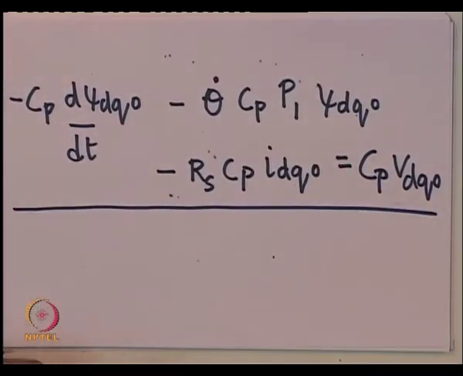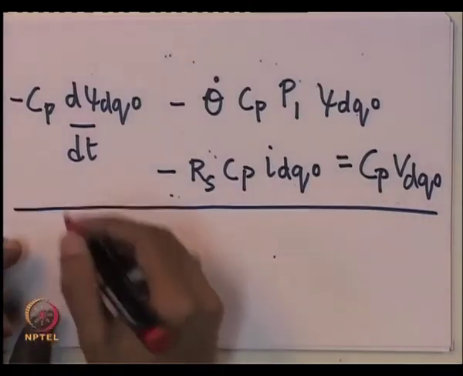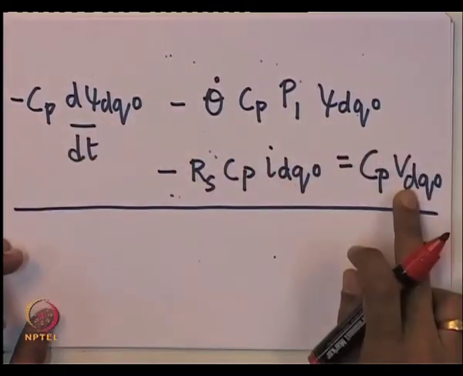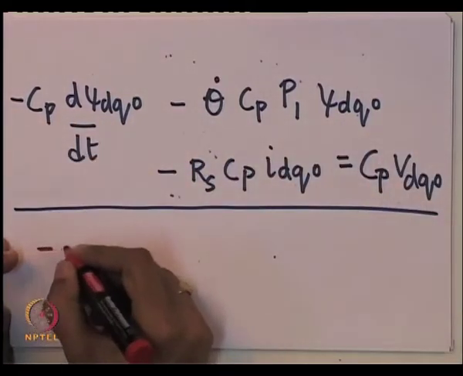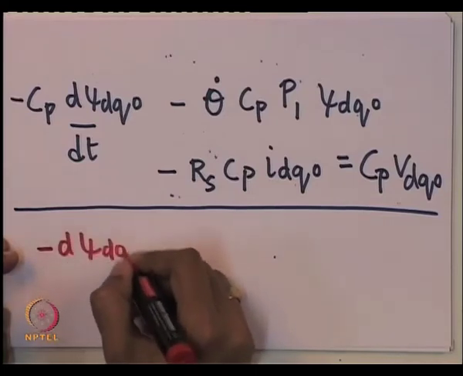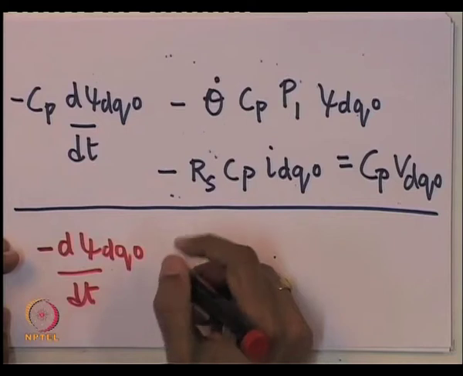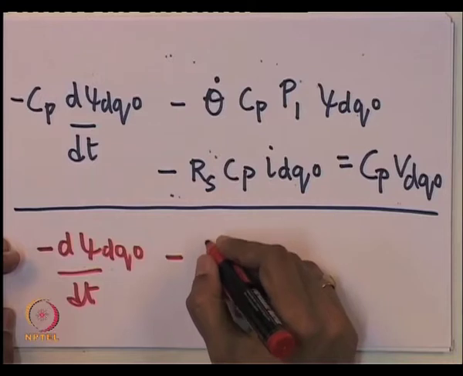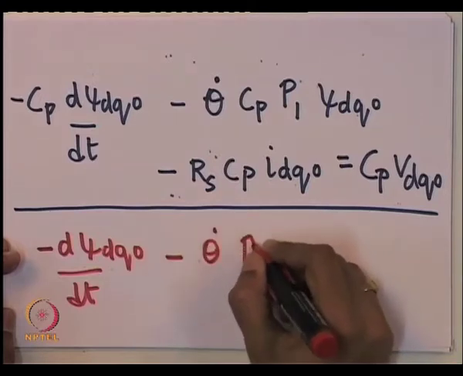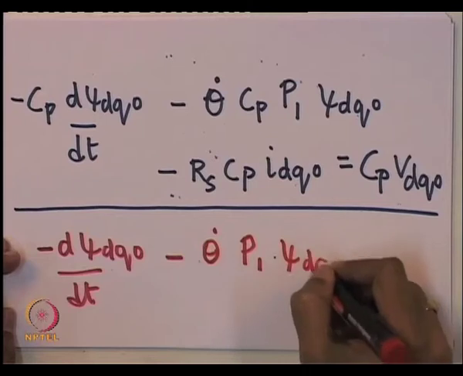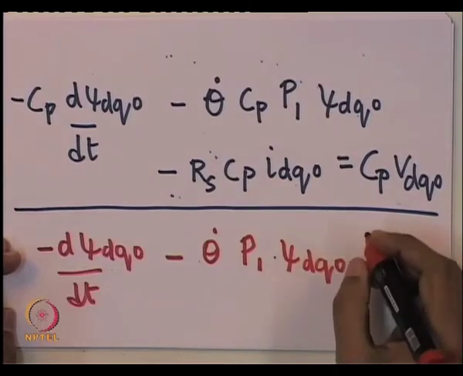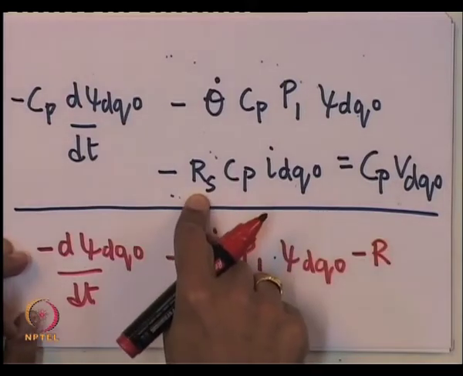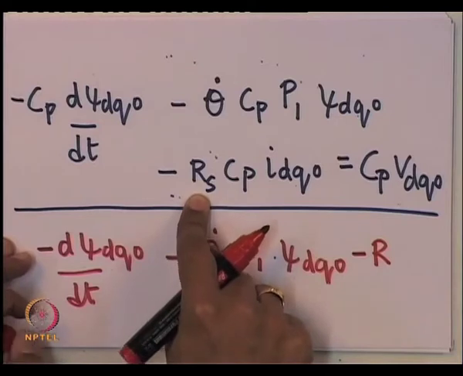So, your flux equation becomes, in fact, I will just pre-multiply both sides by Cp inverse. You will get minus d psi dq0 by dt minus theta dot into P1 into psi dq0 minus Rs, which, remember, is a diagonal matrix containing Ra, Rb and Rc.